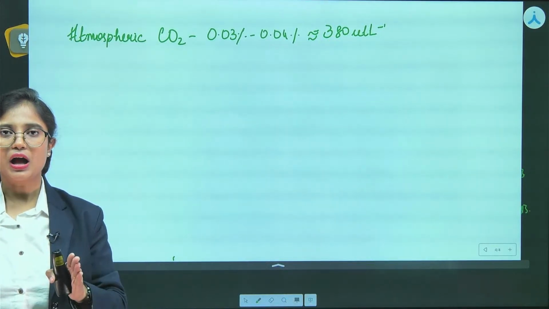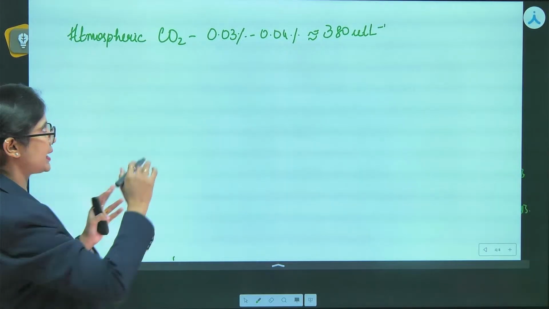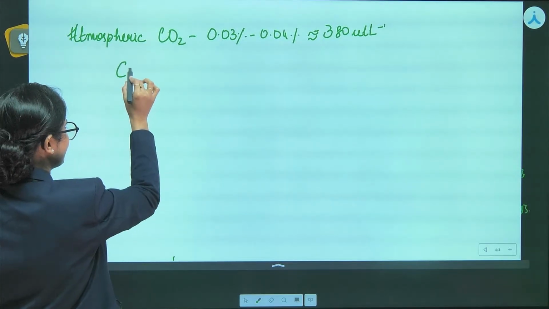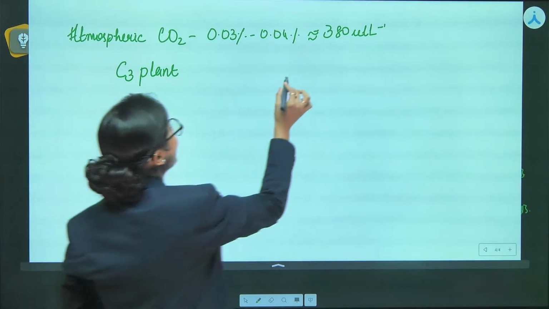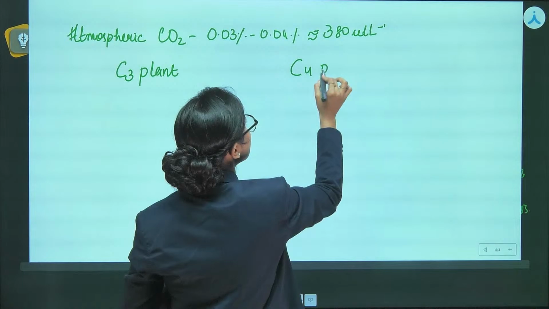And if we talk about C3 and C4 plants, let's see the difference between them.